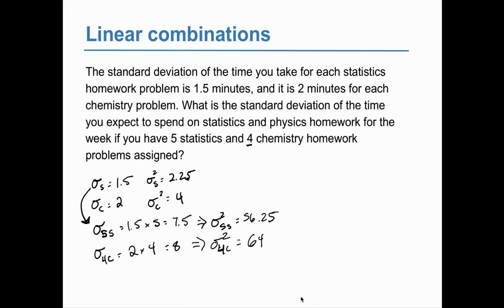So then our standard deviation for 5 statistics plus 4 chemistry, we're going to add our 2 variances, and then we're going to take the square root, which is 10.97 minutes.